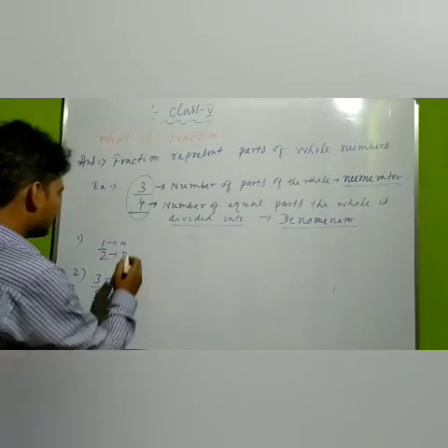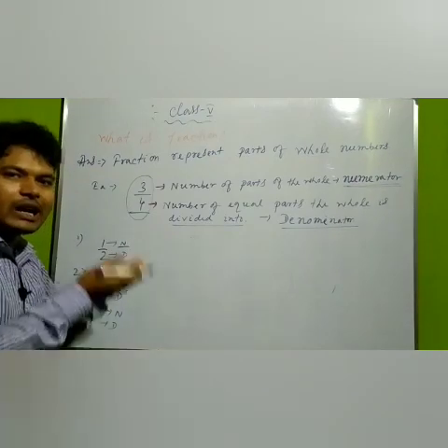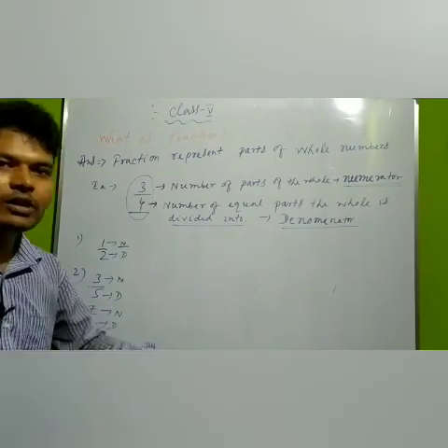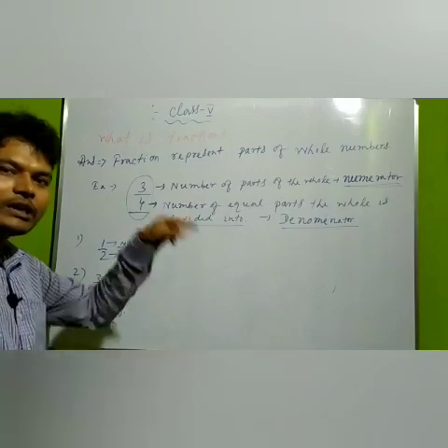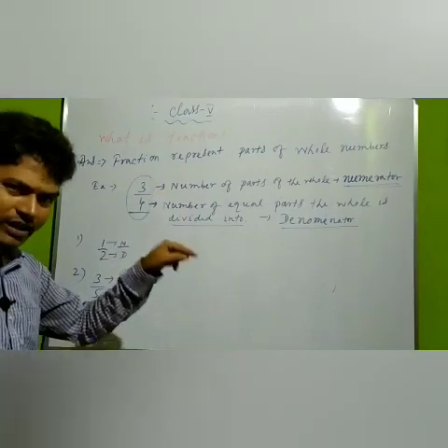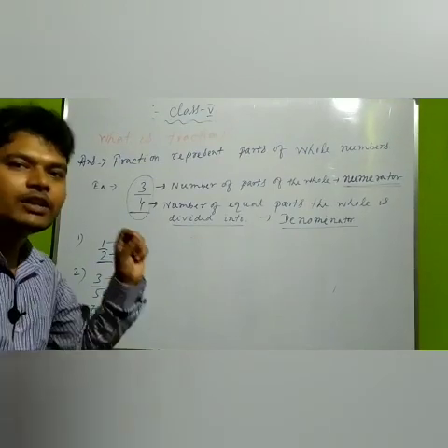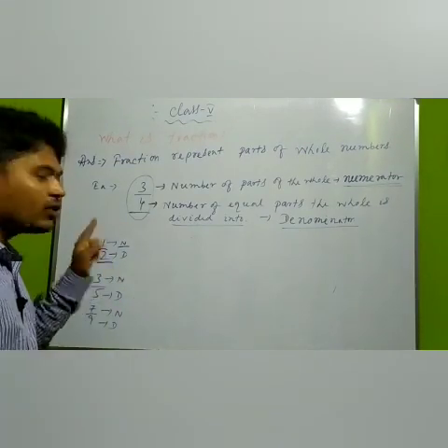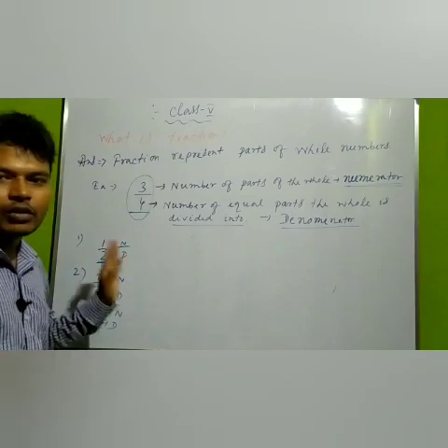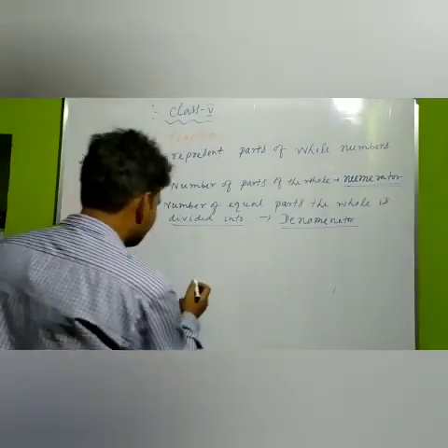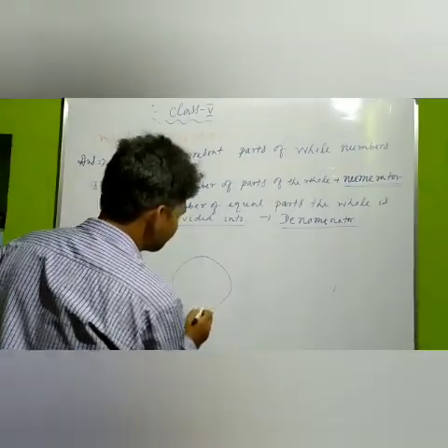Just remember, n is always on the upper side and d for down. The number written in the lower side is known as the denominator. D for down, so the denominator is always at the lower side.